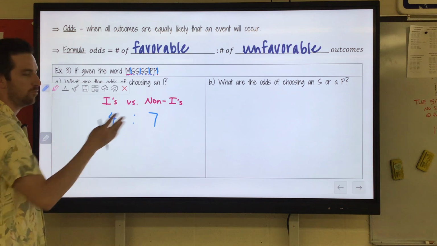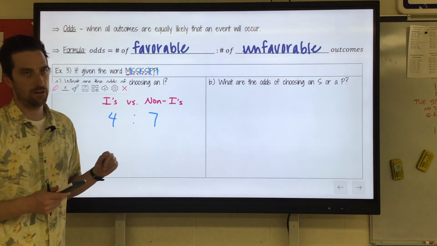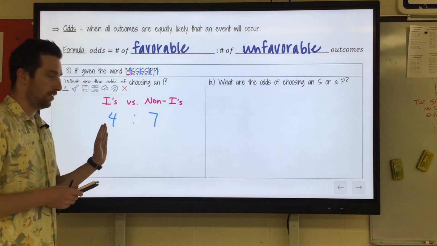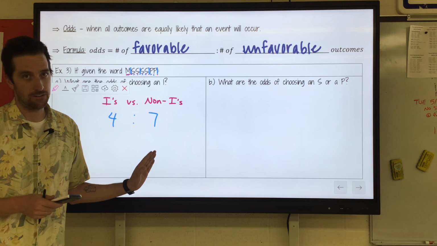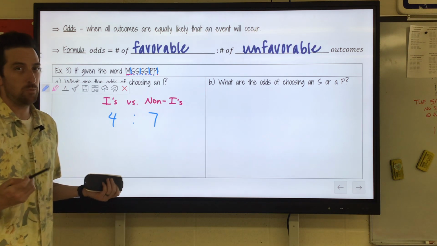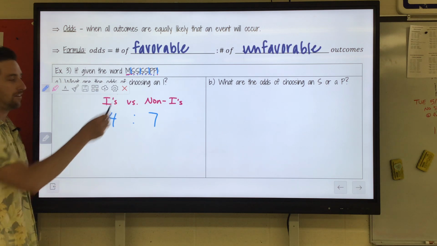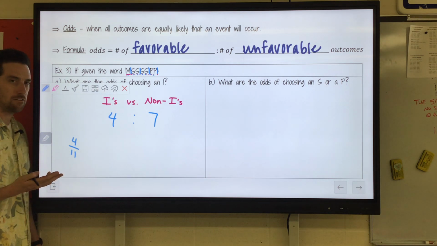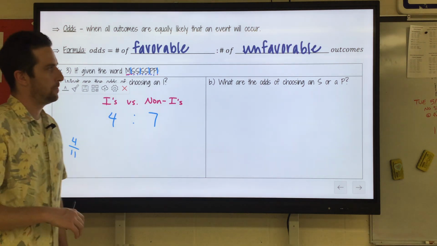So you put colons when you're doing odds. So 4 to 7 would be your odds. You're choosing an I 4 times, you're not choosing an I 7 times. If it's what's the probability you're going to draw an I, you would say that's 4 out of 11 total. So it's a little different than finding probability, but it's very similar as well.